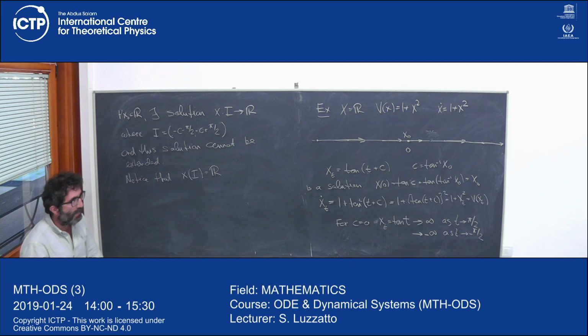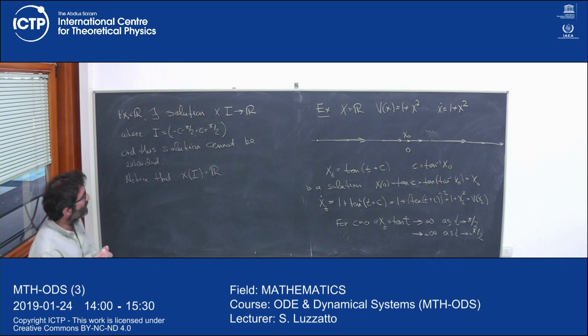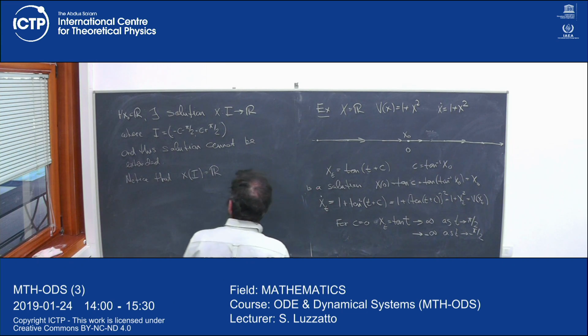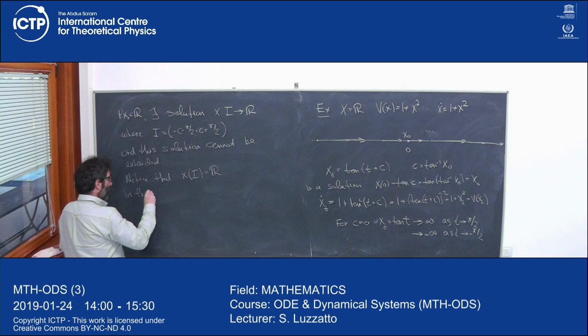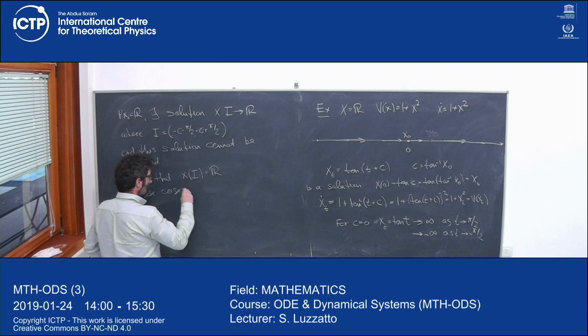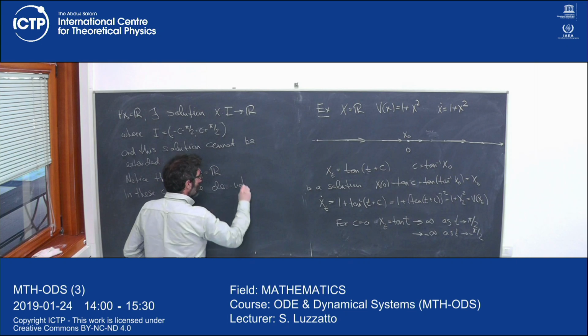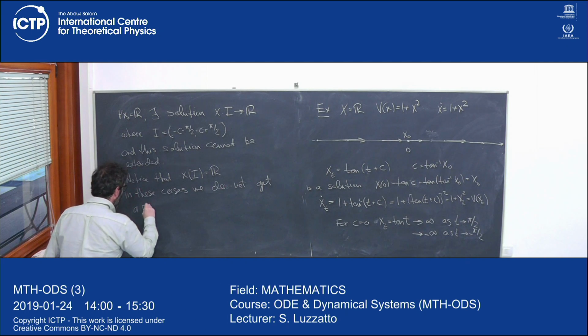So in cases like this, we do not get a flow. Okay? Because this differential equation does not give a flow, in these examples, in these cases, we do not get a flow, right?